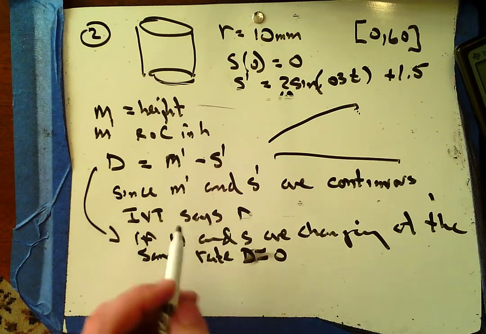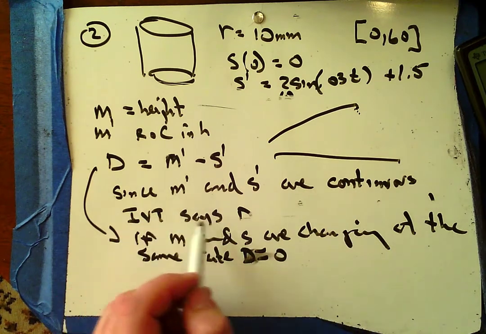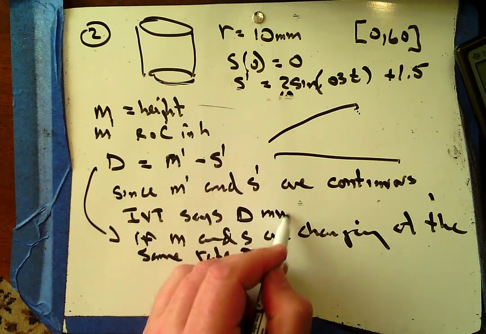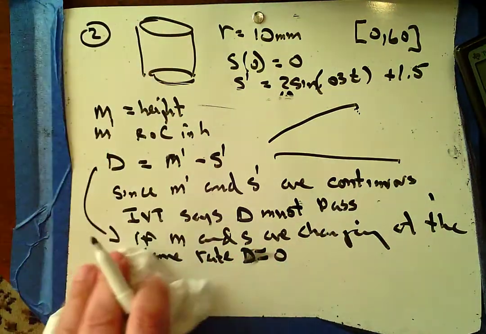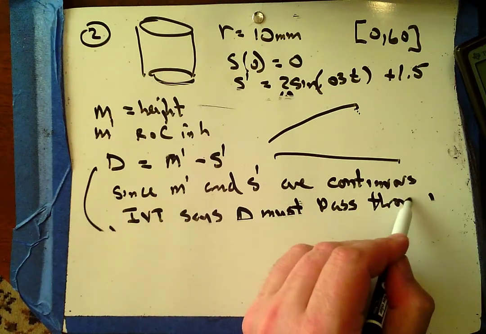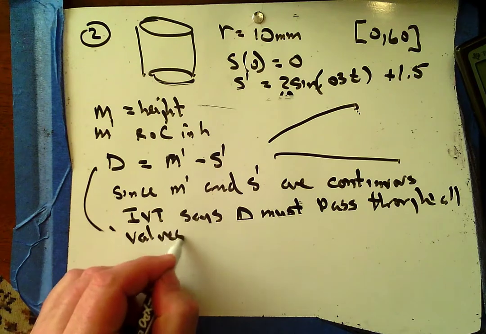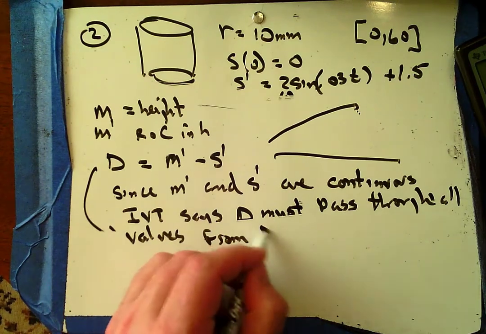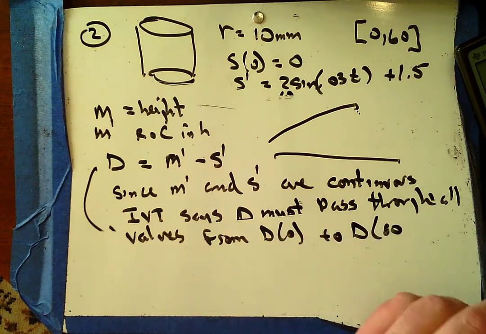Okay, now IVT says if these things are continuous, D must pass through all values from D of 0 to D of 60.